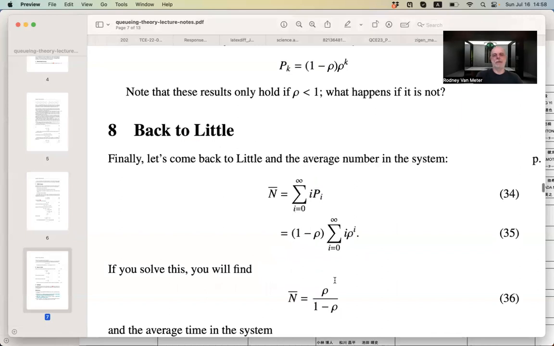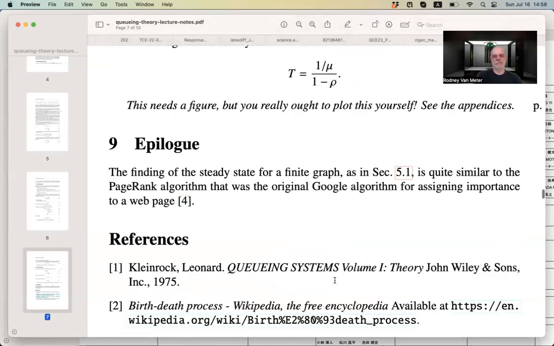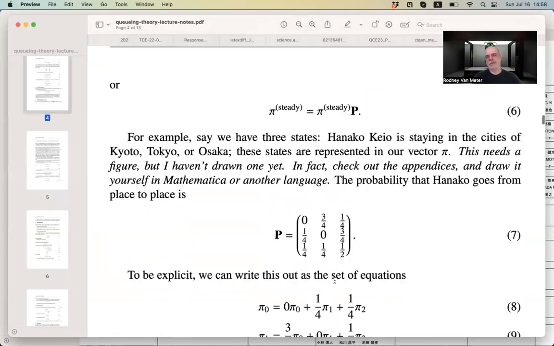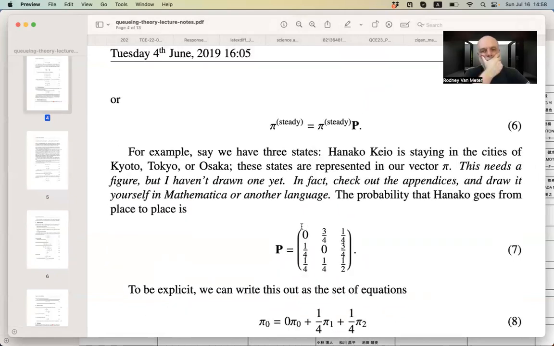All right, I think that's probably enough for this particular issue of queuing theory. At least for first-year undergrads, this is probably pretty advanced stuff.